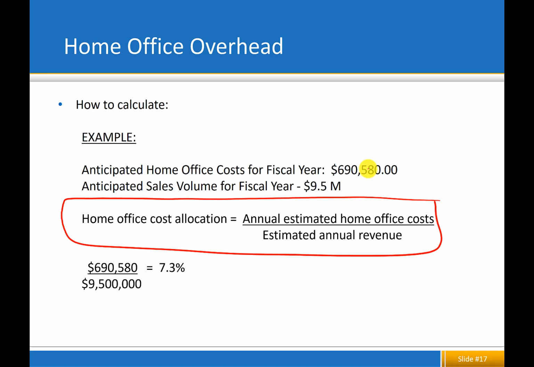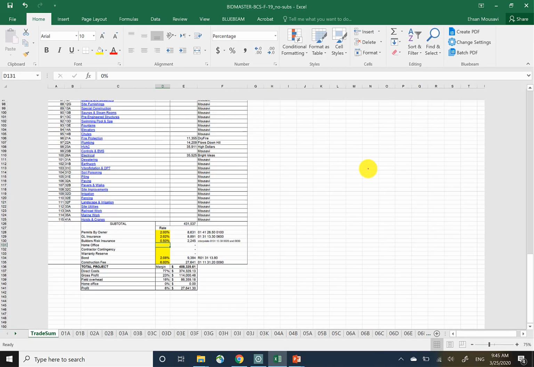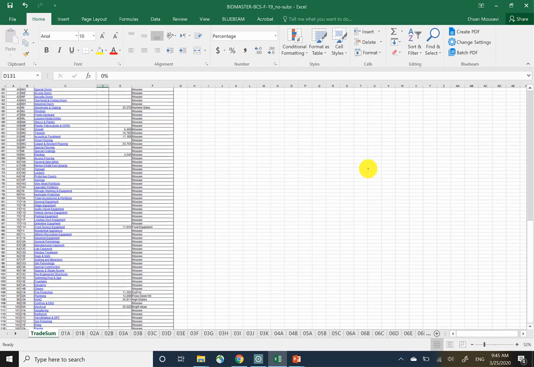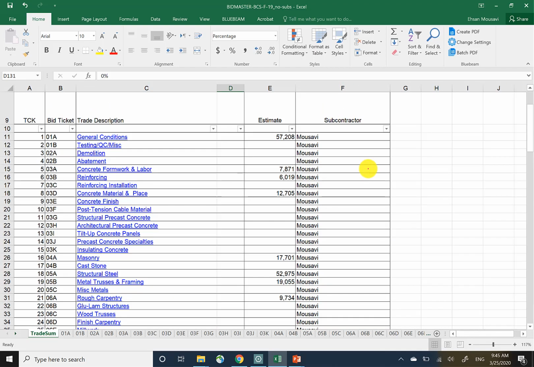Now let's go back to my Bidmaster, the file that I've been working on throughout, and it actually has been shaping up pretty nicely. I'm happy about it. As you can see, there are numbers everywhere. Starting from general conditions, I have numbers here.